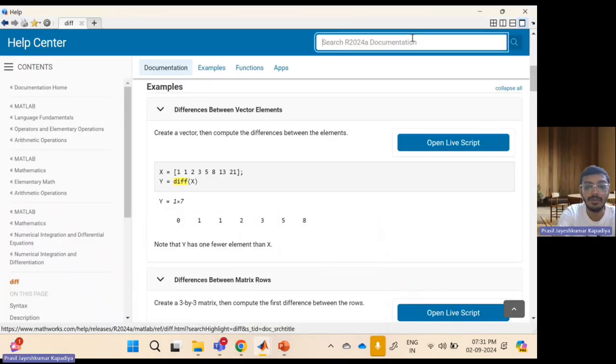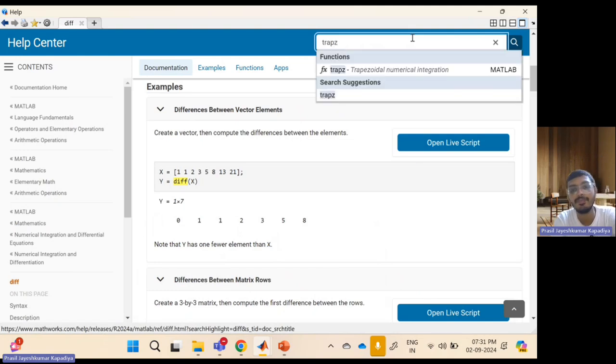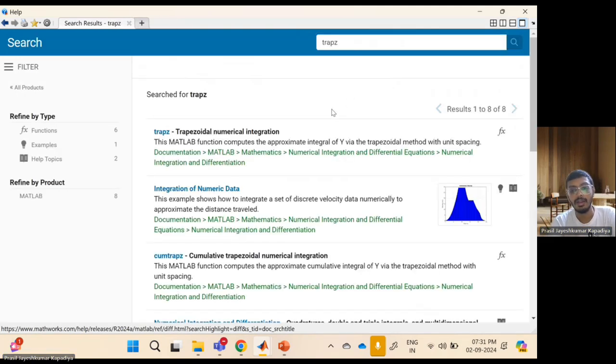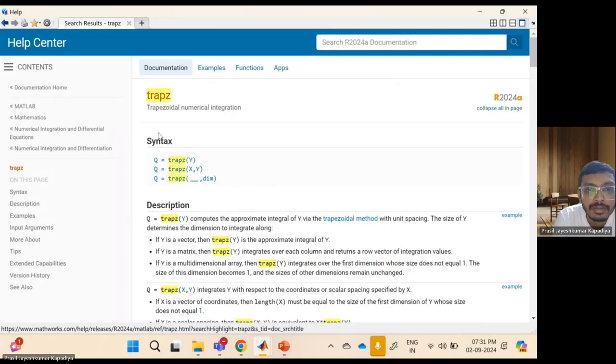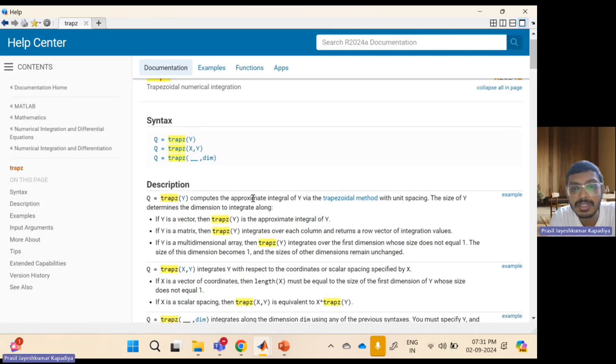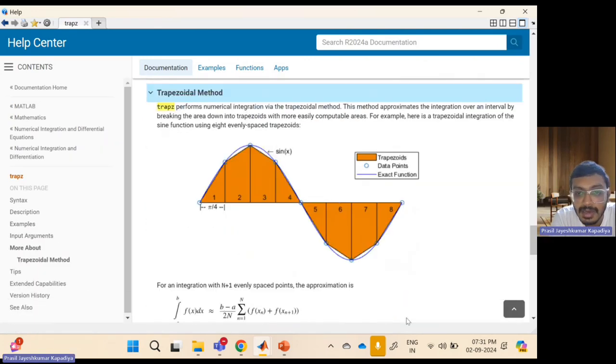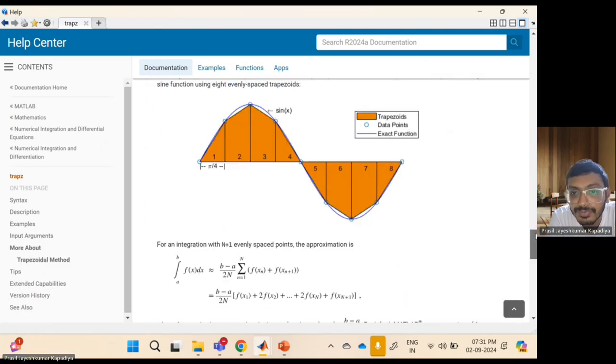Okay, so let's search how it works. trapz. So trapz computes the approximate integral of y via trapezoidal method. So this is trapezoidal method.